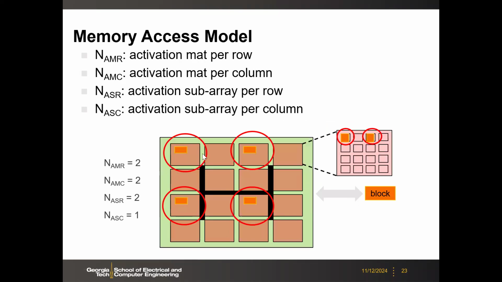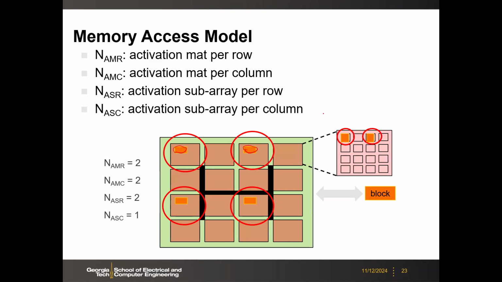So here also, even within this kind of hierarchy, you can have different numbers of the activated mat or subarray. When you fetch the data, for example in the DRAM, you do not need to access the 64 bits from the same subarray. You may partition that into different subarrays. So each subarray will give you a certain number of bits, right?